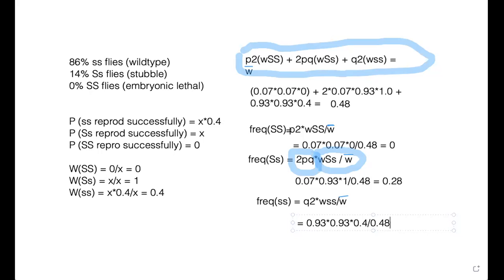So there are going to be about 5/6 as many homozygous recessive individuals in this population after one generation as there would be if there weren't any selection going on. So that is going to be equal to, anybody who wants to plug and chug that is welcome to.